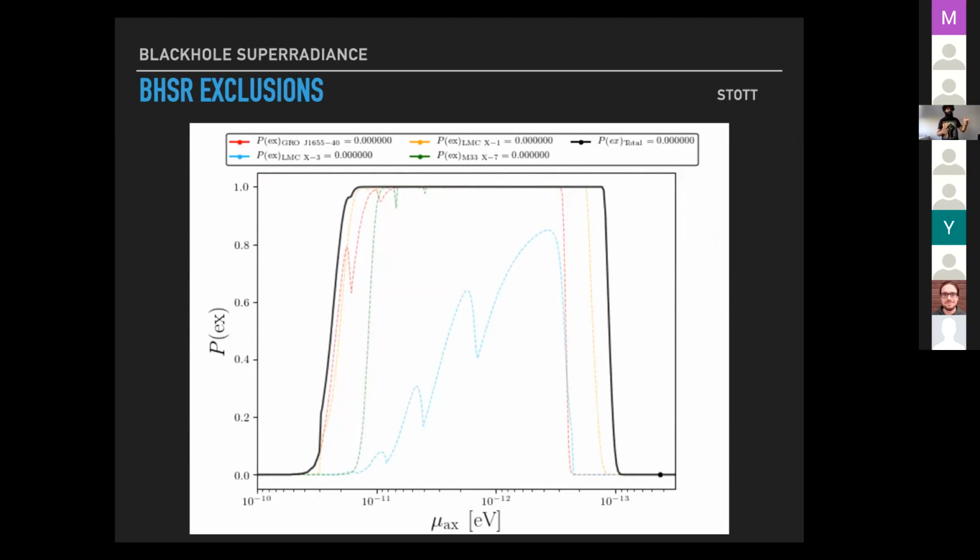So here, this animation only contains a subset of the black holes that we actually use in our analysis. These are in fact 4 of the stellar mass black holes. But essentially, I wanted to just present this animation to show how the total exclusion over a given mass range is made up by the various different black holes.